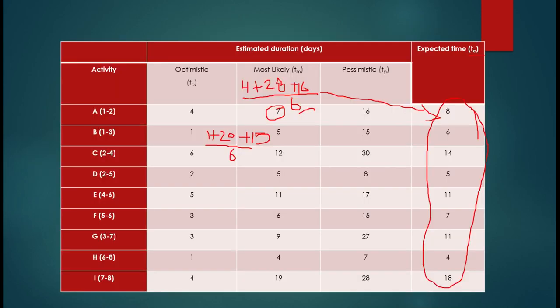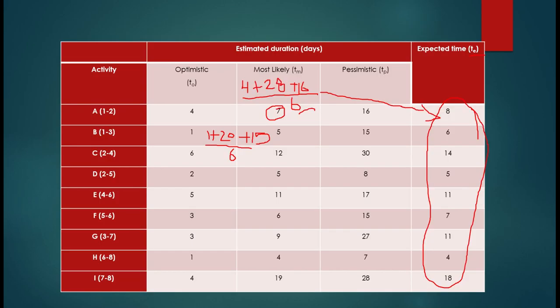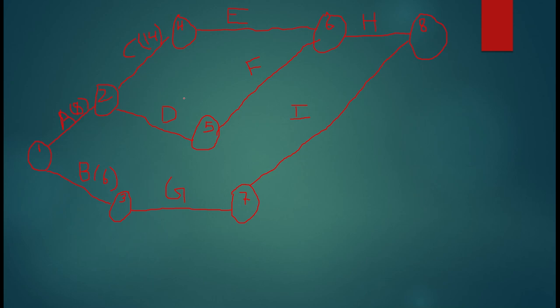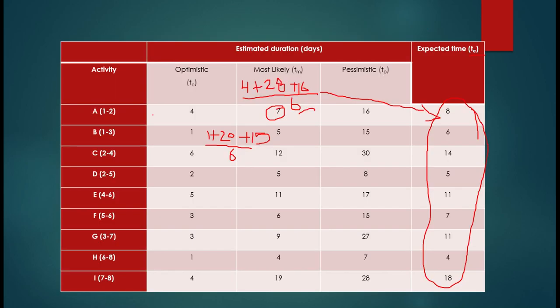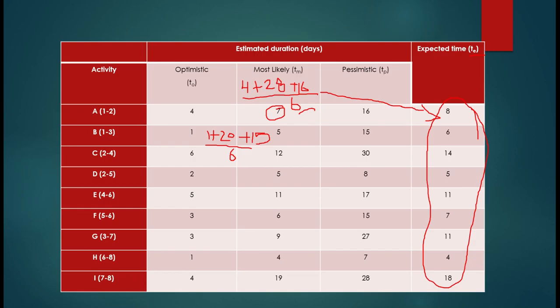Then I have C. C is 14. This is 14. D is 5. So this is 5. Then we have E. E is 11. This is 11. F is 7.